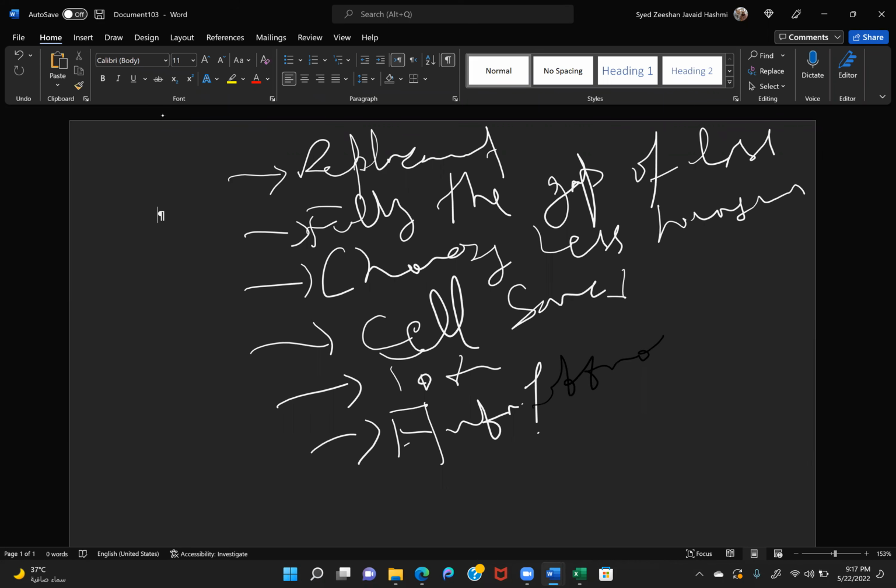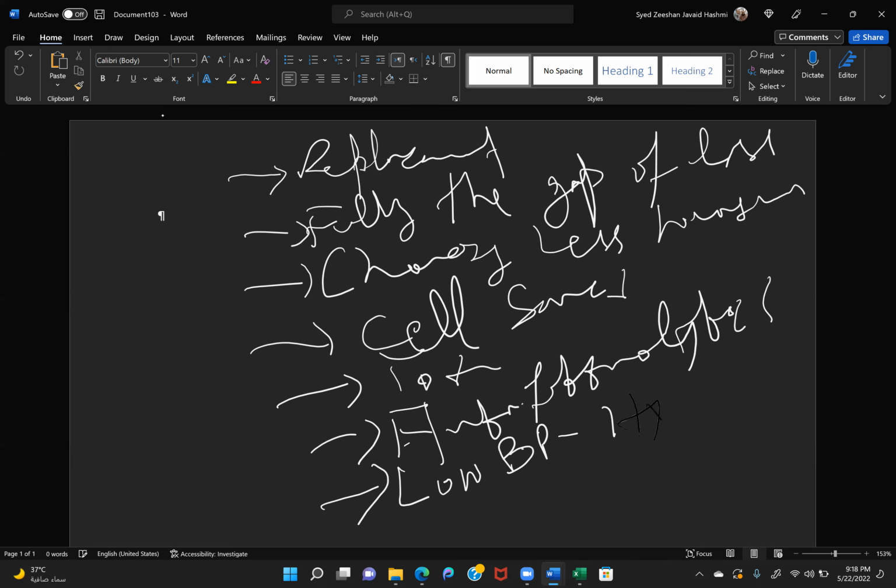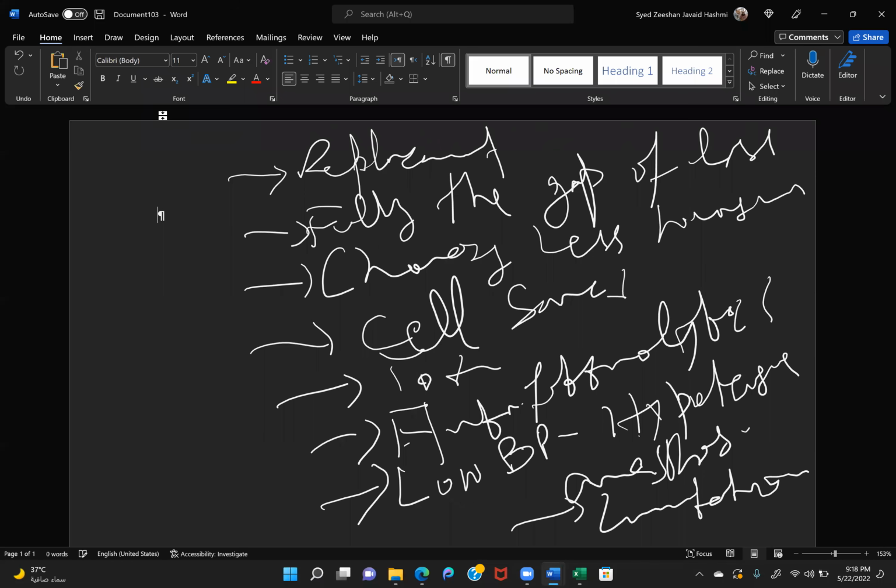Antifibrinolytics also in a bleeding patient. Another thing I could not tell you is low blood pressure, like hypotensive anesthesia, induced hypotension, of course with limitations and within allowable limits.